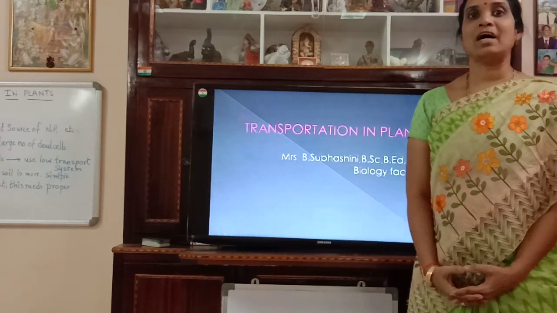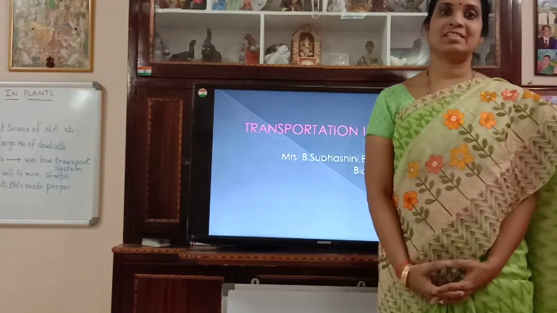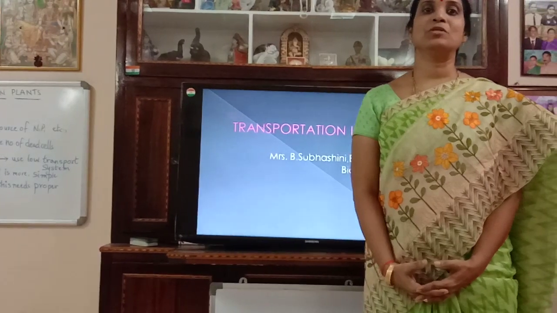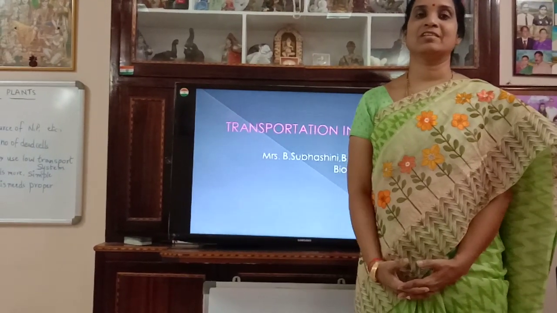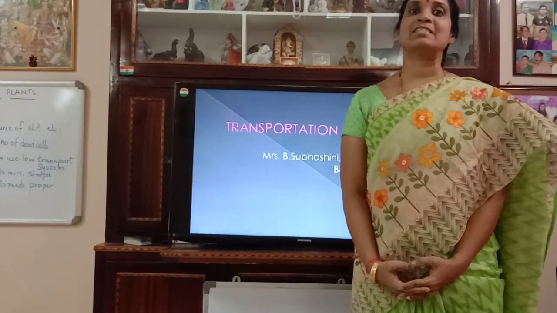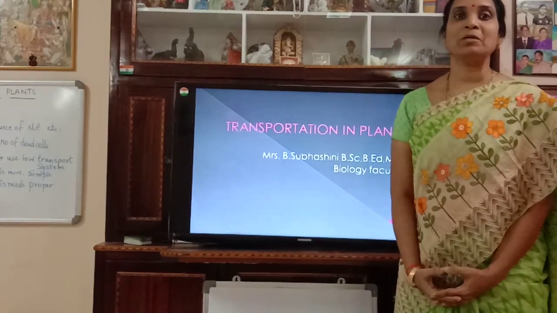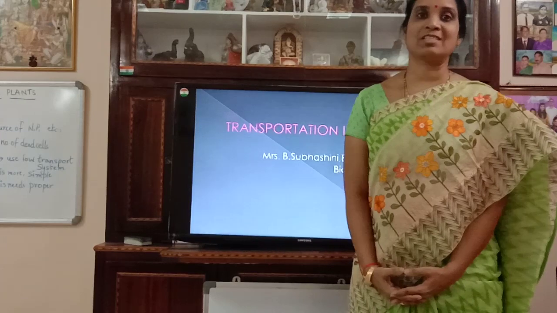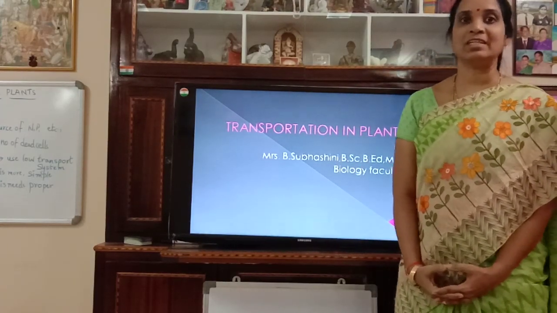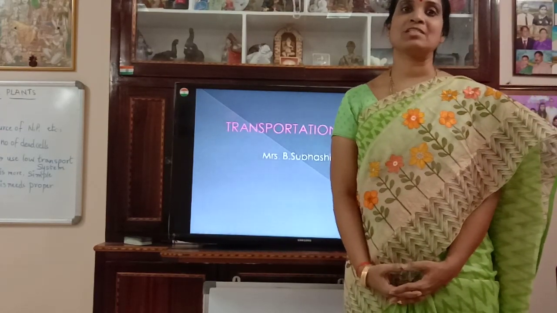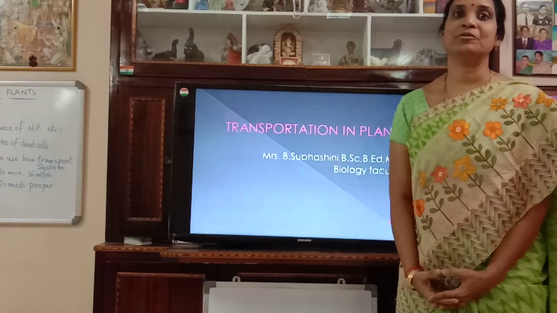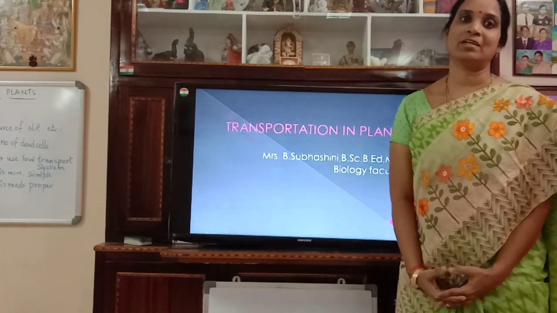This carbon dioxide enters into the leaves through the process of diffusion. Then this carbon dioxide is fixed into carbohydrates. And the byproduct oxygen is also sent out through the process of diffusion into the air through stomata.